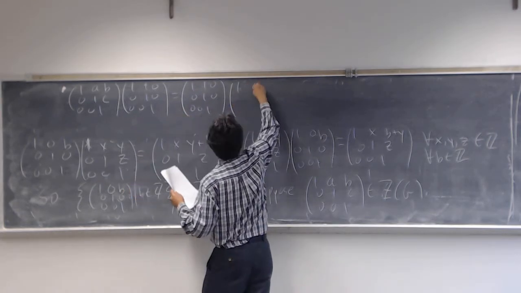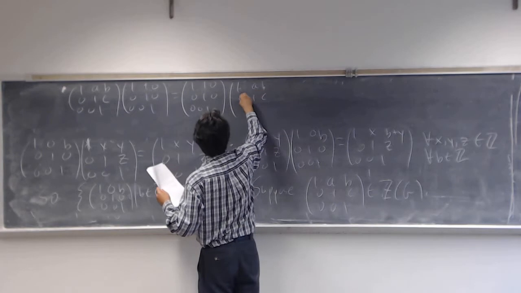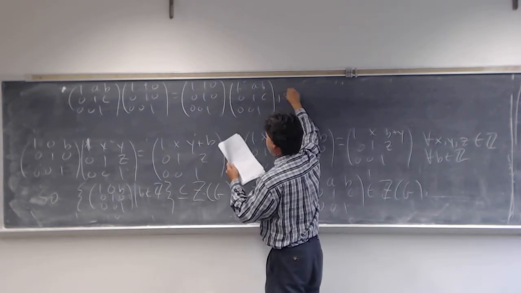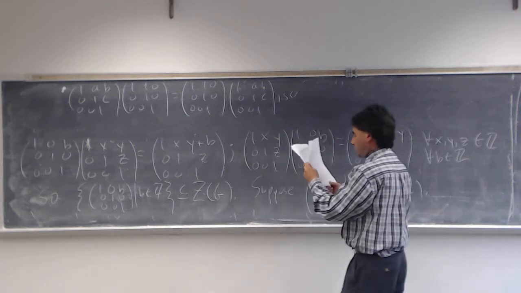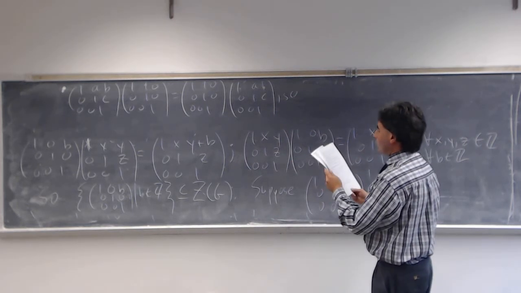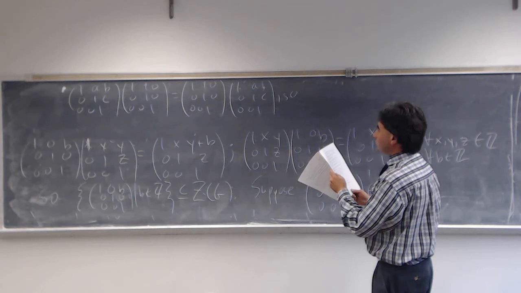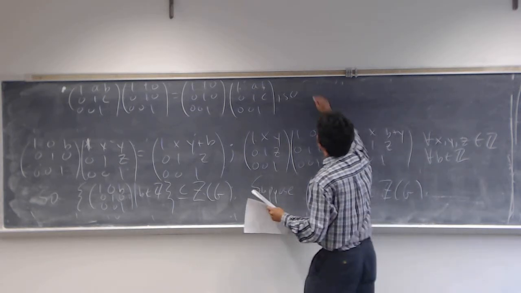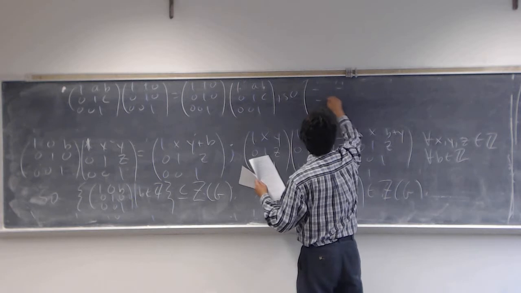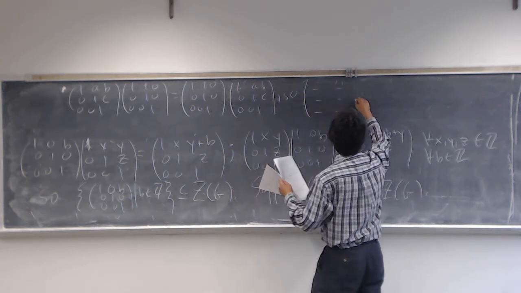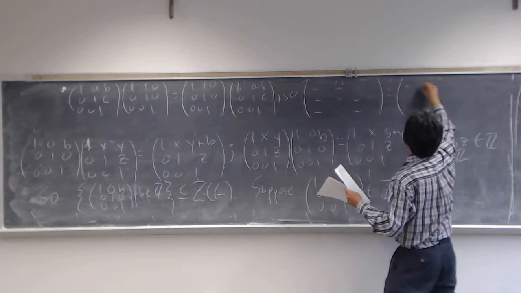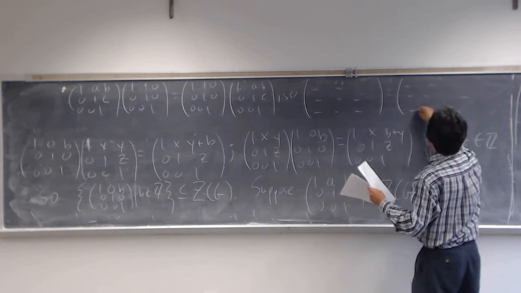Then if this matrix is in the center, these two things have to equal each other. So what do I have then? I'm not really even interested in all of these entries, so that's why I'm just putting dashes here.